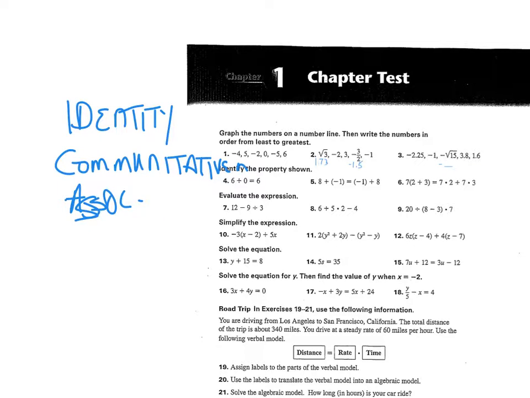Sorry, that's terrible. Let me try to rewrite this. My pen's not doing so hot. Associative. So those are your three choices for 4, 5, and 6.